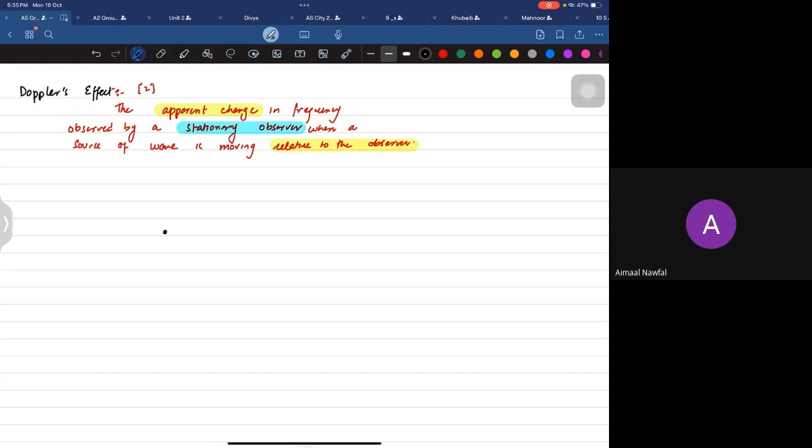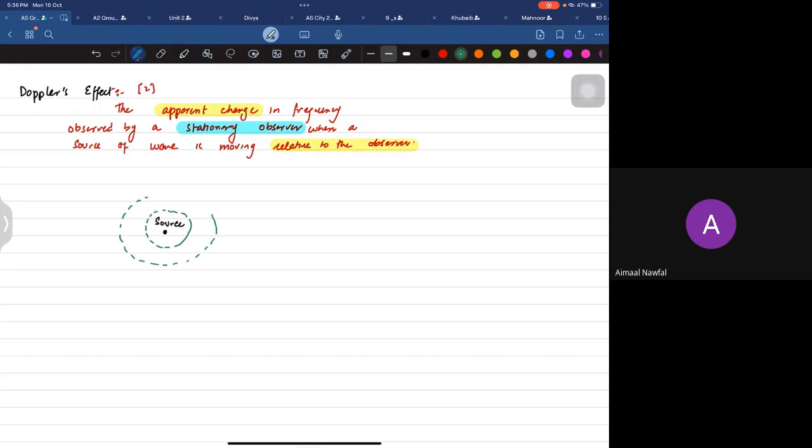All right. So let's have a look. Suppose you have a source like that, and the source is producing a wave, because the wave is produced everywhere.